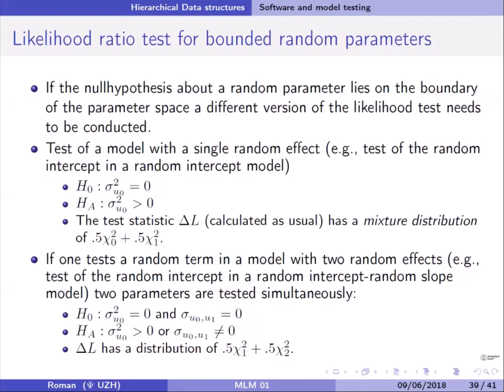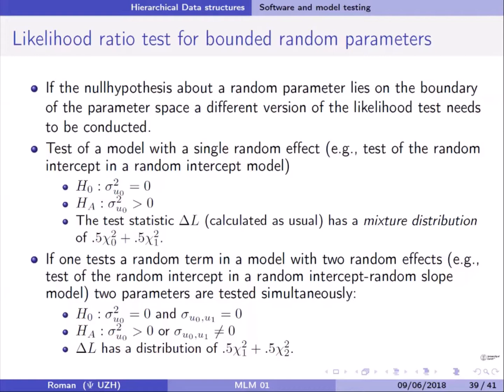If one tests a random term in a model with two random effects, the two parameters are tested simultaneously. So in other words, I could compare an unrestricted model with random intercept and random slope to a model with no random intercept and no random slope. In that case, our null hypothesis is that both of the terms are zero, that there is no random effect.